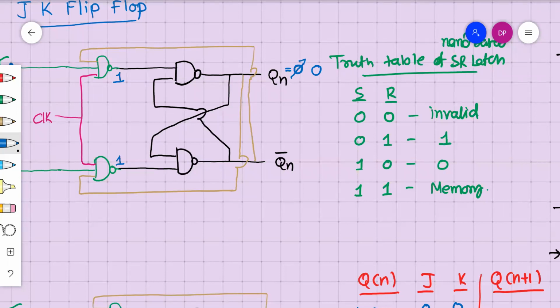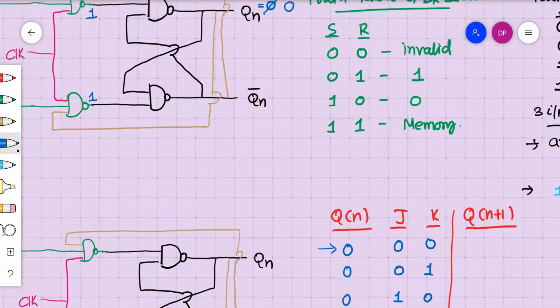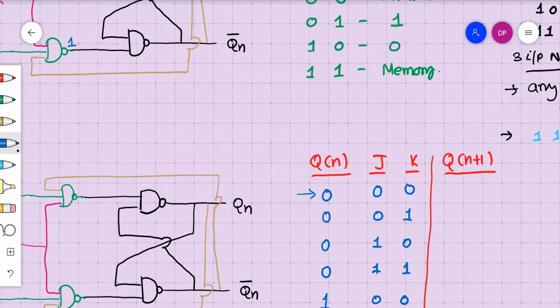So in this truth table, when Qn is 0 and J and K are 0, Qn plus 1 will be equal to Qn, that is, it will be 0. Let me write it: acts as memory, or we can say no change in the previous output.